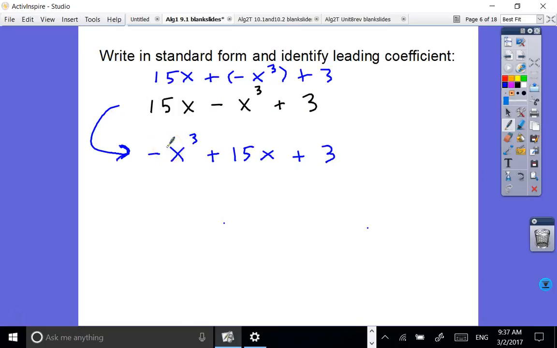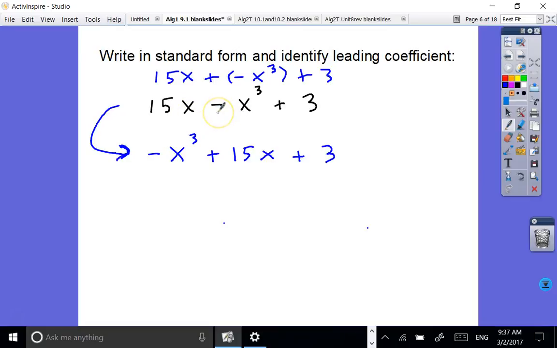Which property says we can do that and it doesn't change the value? Neither one. The commutative property says you could change the order. So we didn't do anything to change the value here. We just wrote it in the standard way, what you expect when you look at a polynomial.